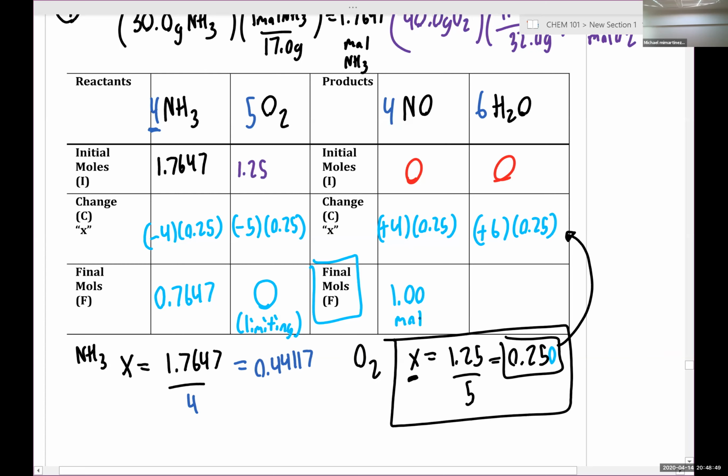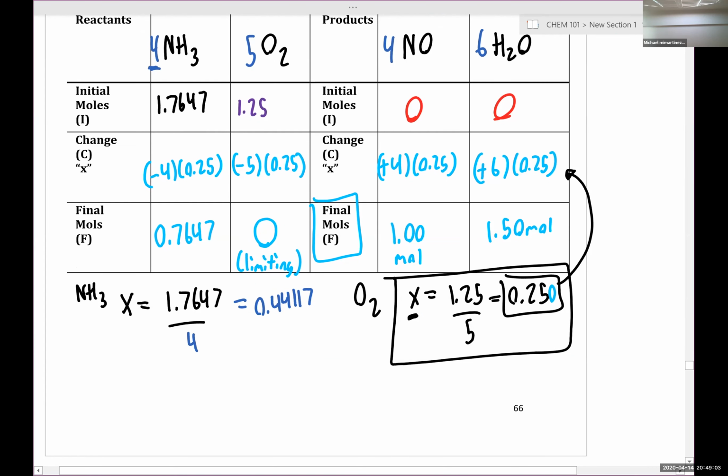And for water, we'd have 0.25 times 6, which gives us 1.50 moles.